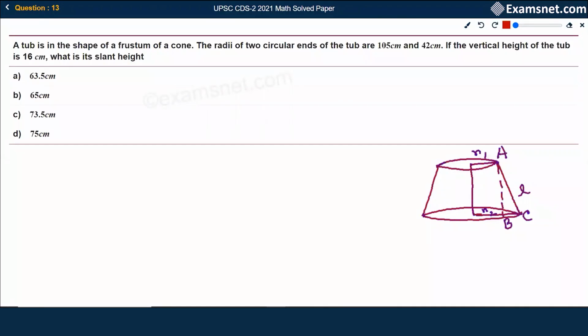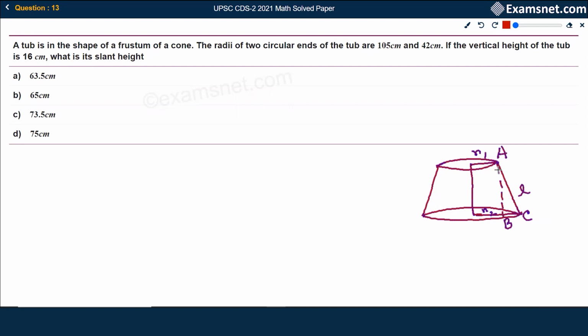In question number 13, it is given that a tube is in the shape of a frustum of a cone. The radii of the two circular ends of the tube are 105 centimeter and 42 centimeter. If the vertical height of the tube is 16 centimeter, what is its slant height? I have already drawn a diagram here.